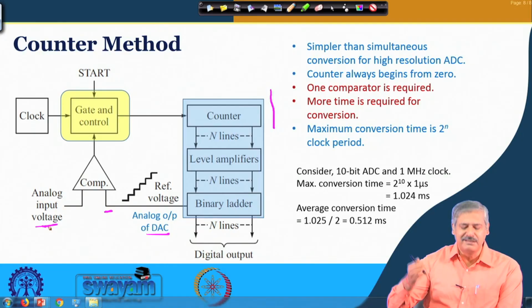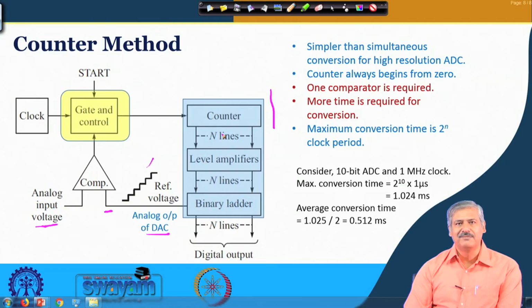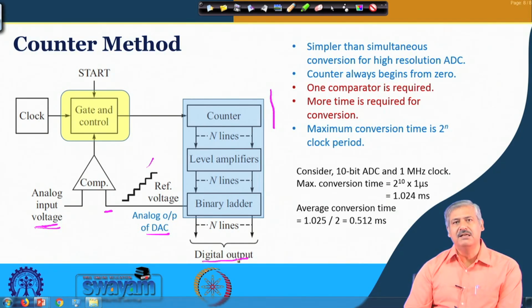As the counter value increases, this voltage will keep increasing, and whenever it exceeds the analog input voltage, the comparator output changes. This comparator output goes to a gate and control circuit, which we shall see a little later, and that now inhibits the clocking to the counter. So, whatever the counter value is, it is related to the analog input voltage, and this counter value can be taken as the digital output, the converted value.